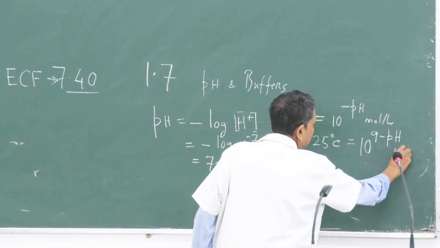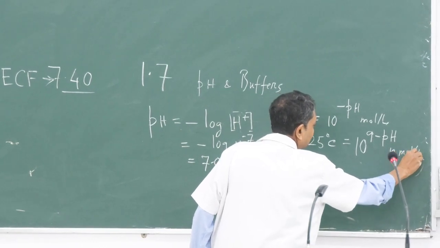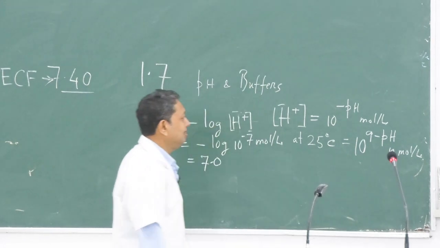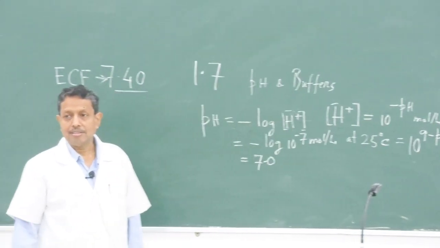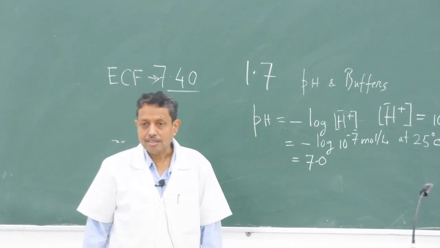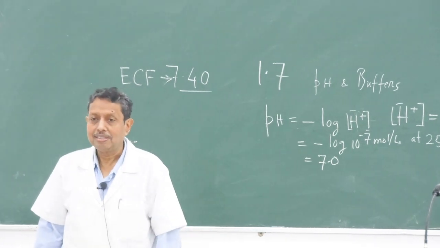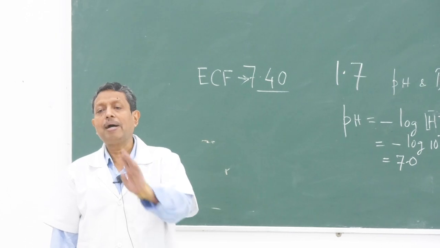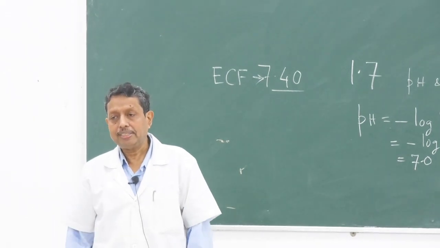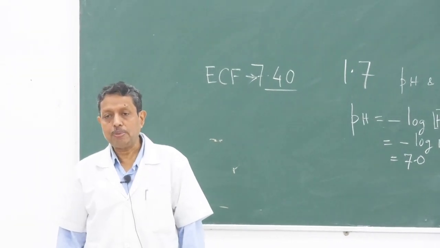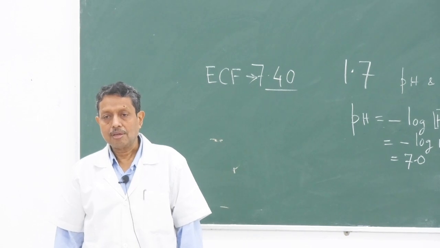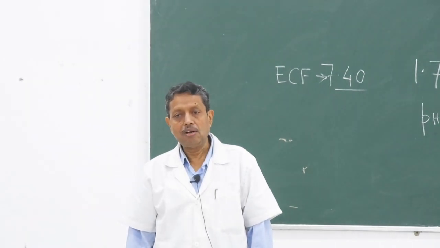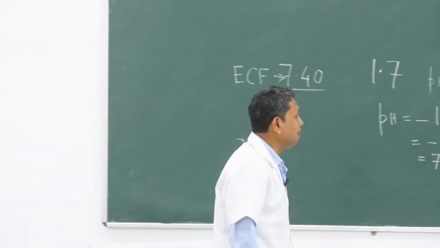Nanomole per liter can be derived by antilog of 9 minus pH.